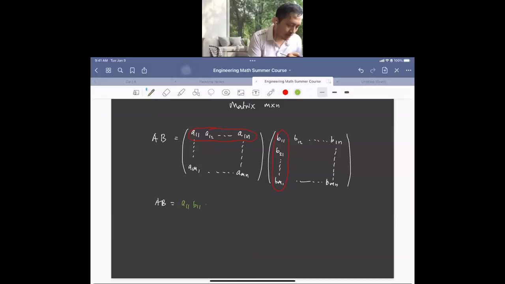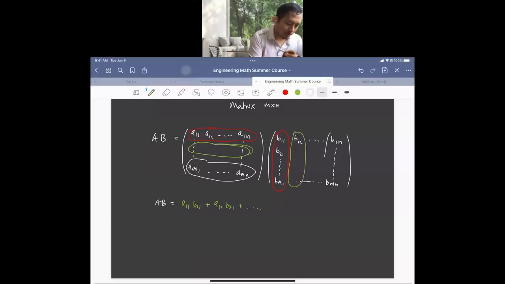This means that A11 B11 plus A12 B21 and so forth, and then plus dot dot dot until the end, and then the rest is the next row, the next column.